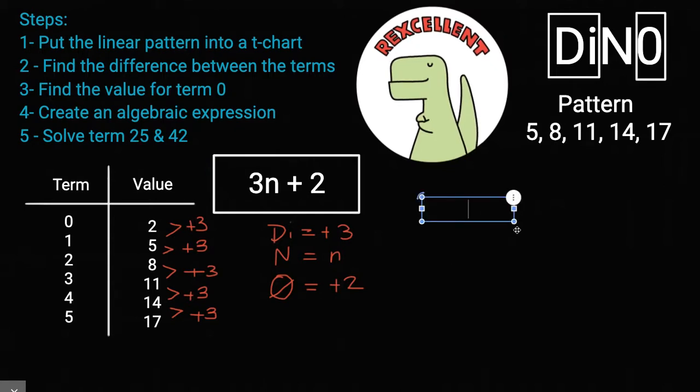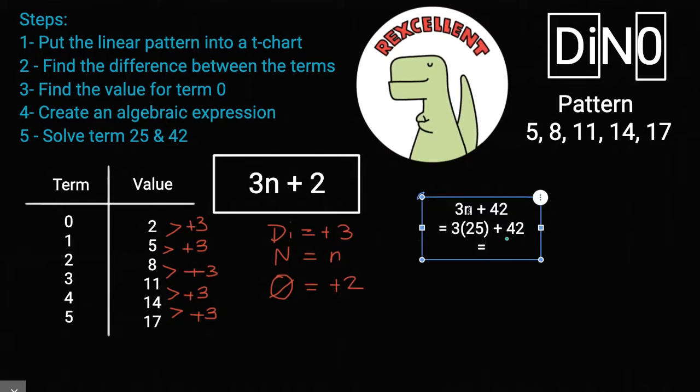The first thing I need to do when solving an algebraic expression is write down the expression that I am going to use to solve. Then I want to put equals and pop in the term that I'm looking for. So I'm looking for term number 25.